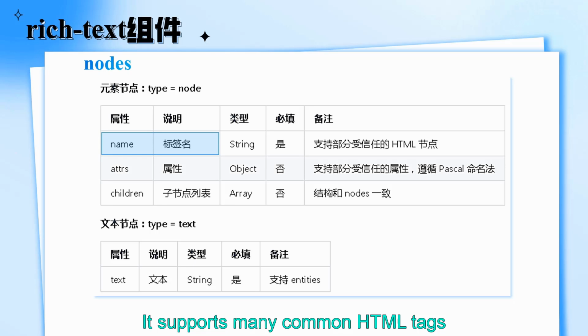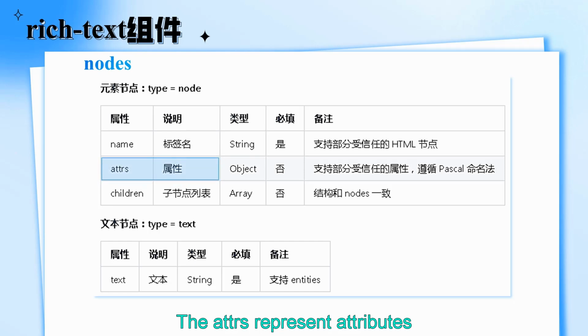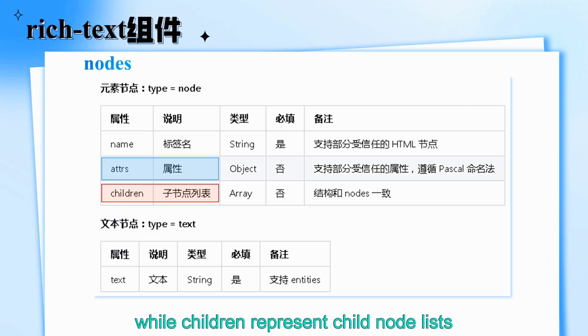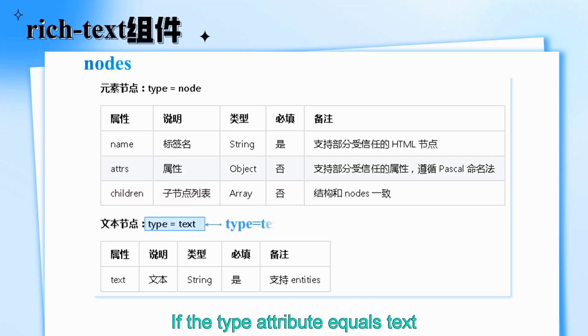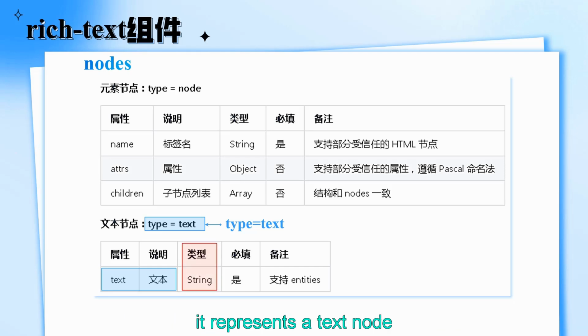It supports many common HTML tags. The attrs attribute represents attributes, while children represents the child node list. If the type attribute equals text, it represents a text node, which is a string type.